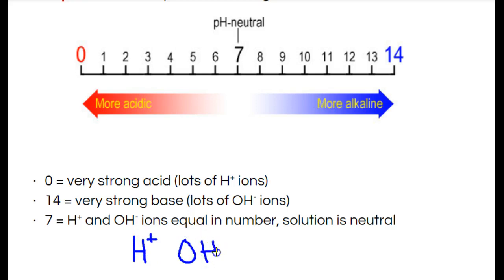Well, we talked about how that really would give us an HOH. But what is HOH? Well, I've got 2 hydrogens and 1 oxygen. Oh, that's right. It's water. So water is the perfect example of a neutral substance.